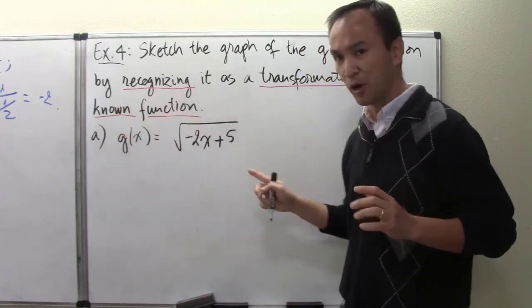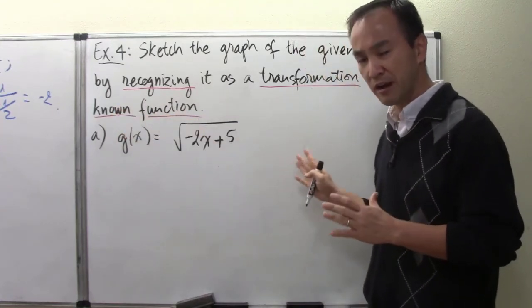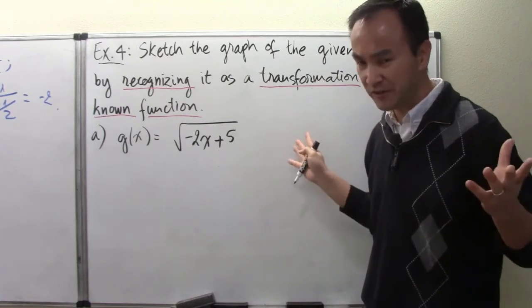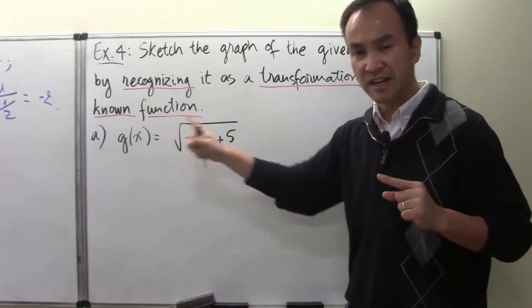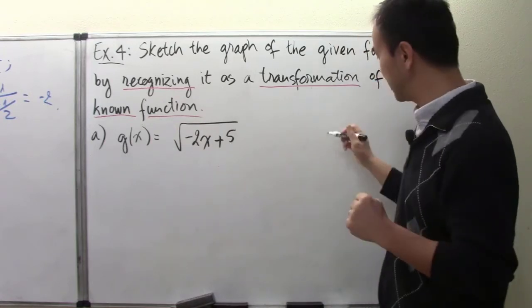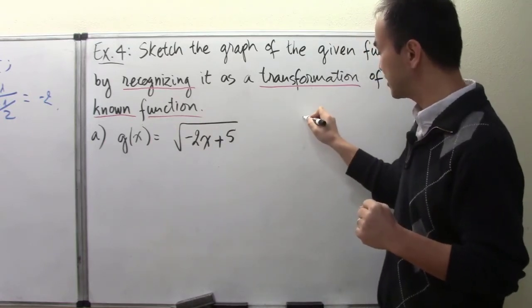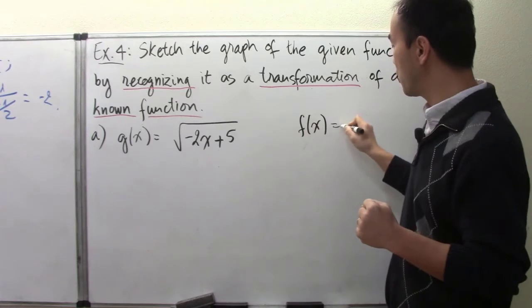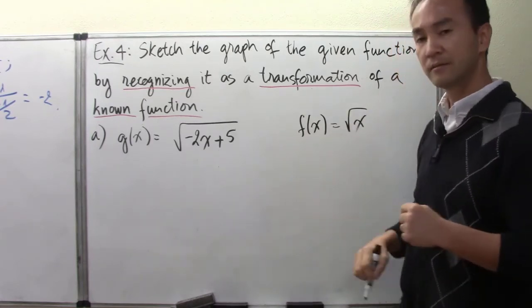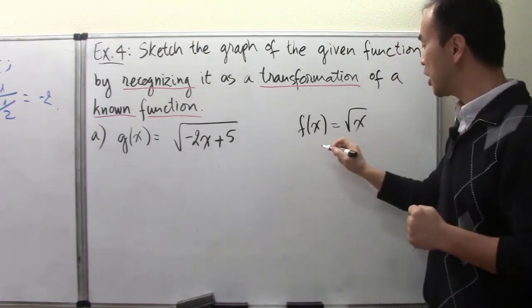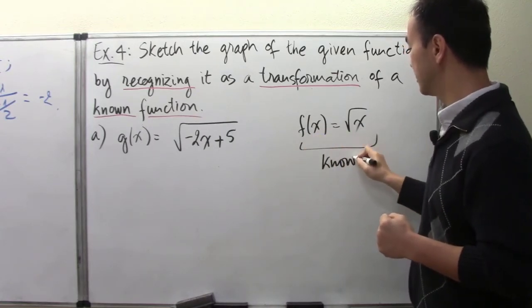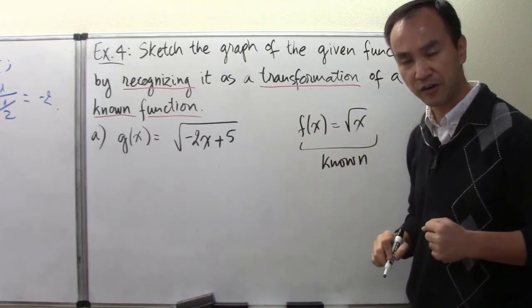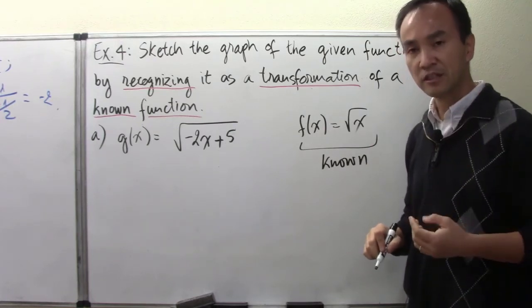And at this point, when I'm about to point out this known function, I did not even point out any connection or relationship between this g and the known function yet. The only thing I know is that we have seen f of x equals square root of x. I'm saying that this is known simply because it was one among the toolkit functions that we have learned from earlier lectures.